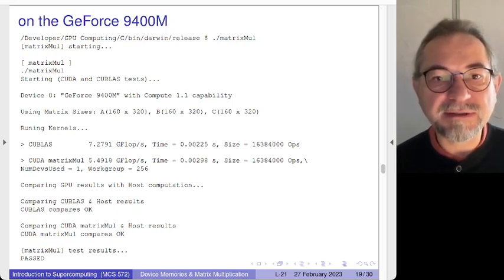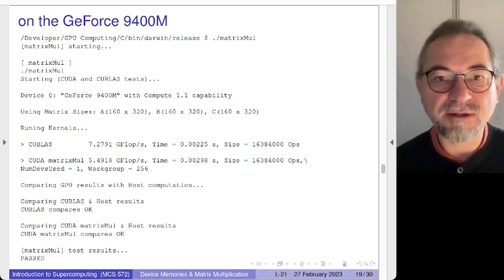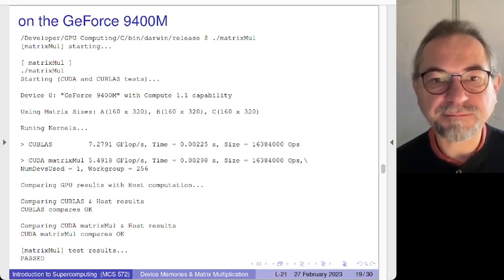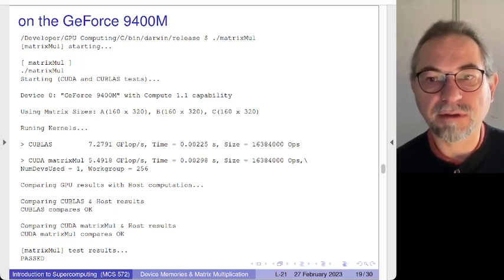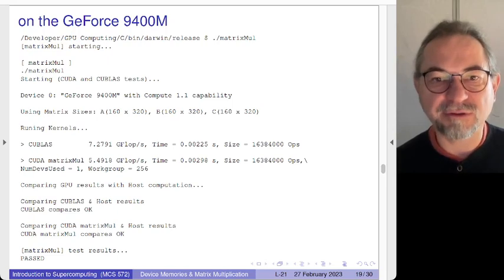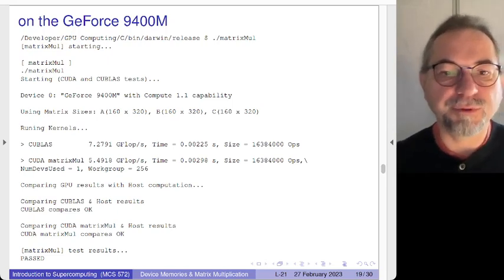So let's look at the software development kit, which is actually using the CUDA BLAS. So the first run is done with Compute 1.1 capability. This card did not have the double precision compute capability.